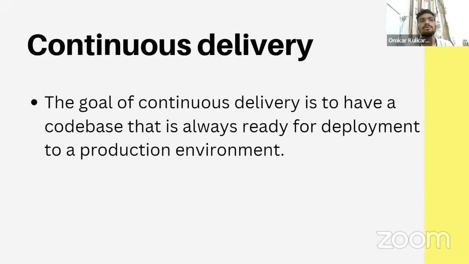So let's dive deep into continuous delivery. The goal of continuous delivery is to have a code base that is always ready for deployment to a production environment. This is the basic idea of continuous delivery.